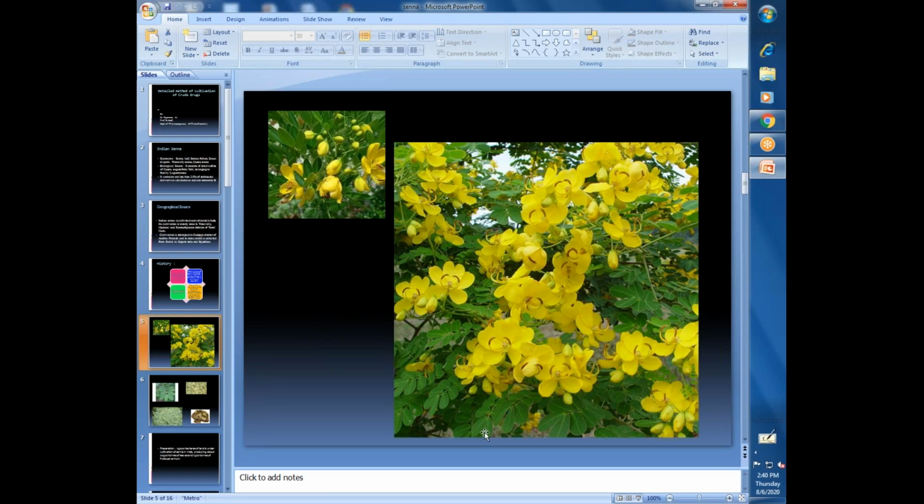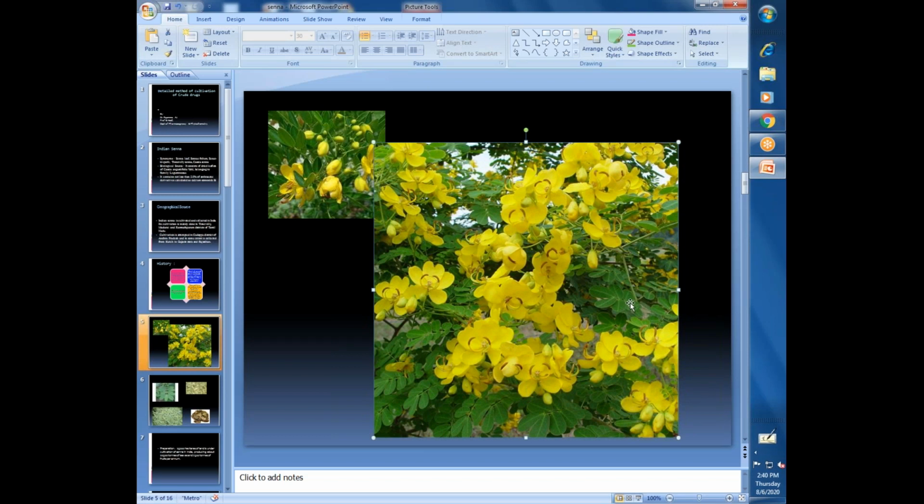You can see here the leaf. These are called compound leaves. In between, the part of the plant to which the leaves are attached is called the rachis. If it is a single leaf, then it is a simple leaf.